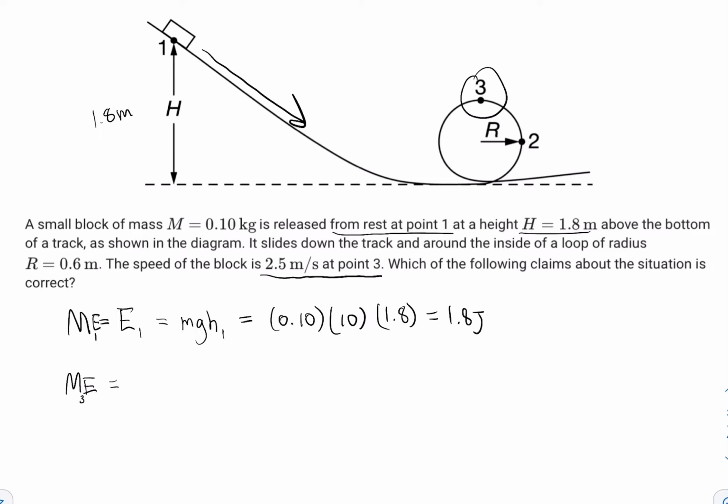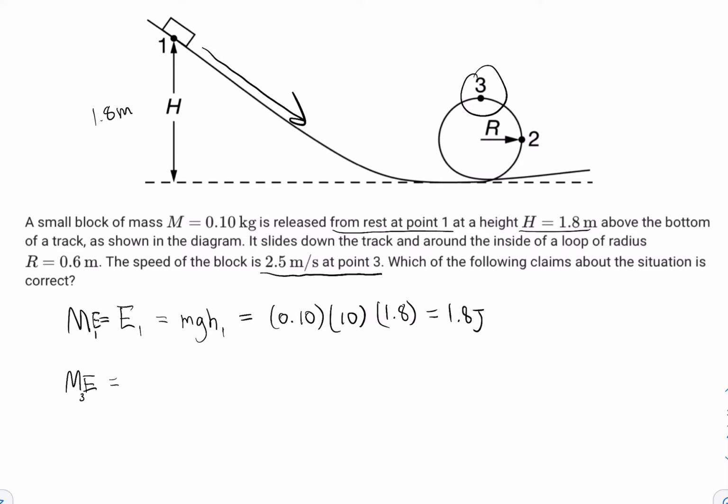So the total mechanical energy will be 1/2 mv squared plus mgh, as it includes both the kinetic energy and the potential energy.